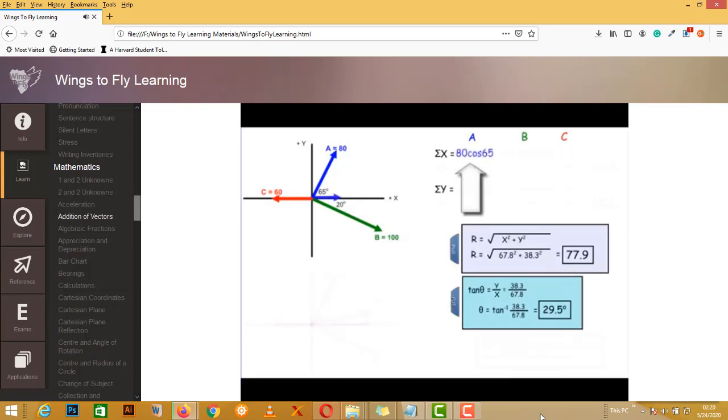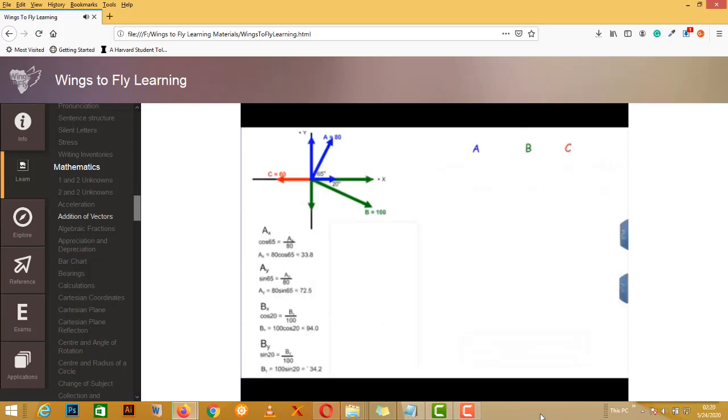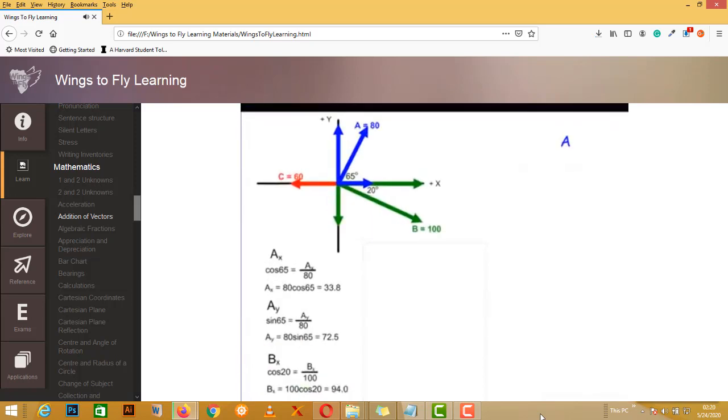Now let's go back. Let's look at the x component of vector B, and we'll find that that is defined by the cosine of 20 degrees, and that's equal to the adjacent leg, which is the x component of vector B, divided by the hypotenuse, which is 100.